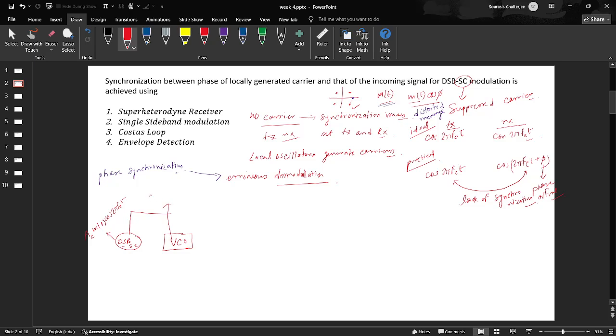VCO stands for voltage controlled oscillator. Its job remains the same, that is generating the carrier, but it is slightly advanced in how it operates. We'll come to that in a minute.